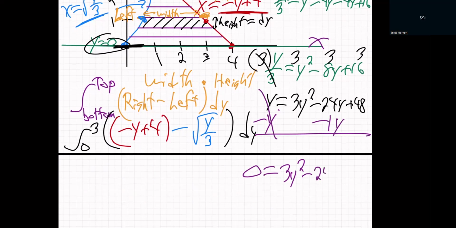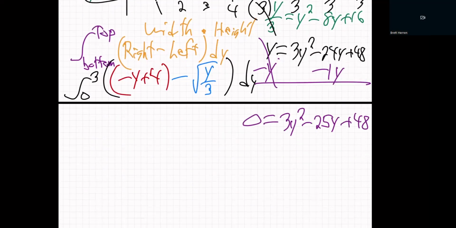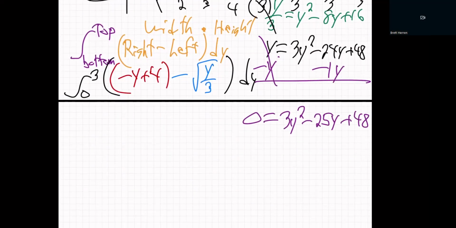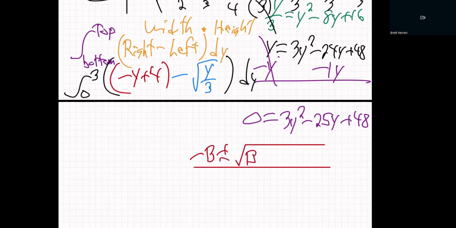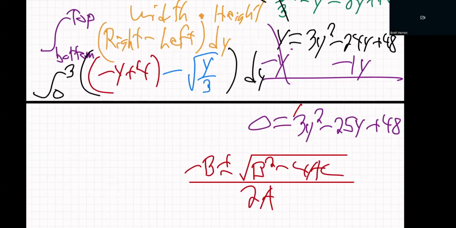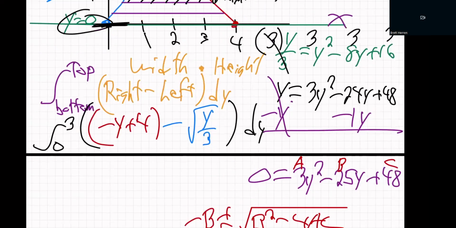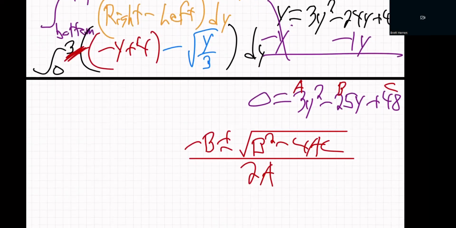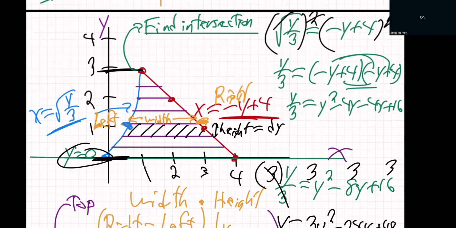This will make this minus 25y plus 48. And then after all that, you're going to need to do the quadratic formula, right? Negative b plus or minus square root of b squared minus 4ac all over 2a. This is your a, this is your b, this is your c. Plug those in and you will get that y equals 3 value that we just naturally stumbled upon.